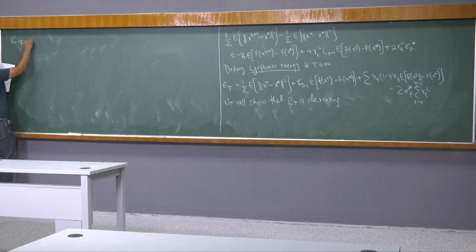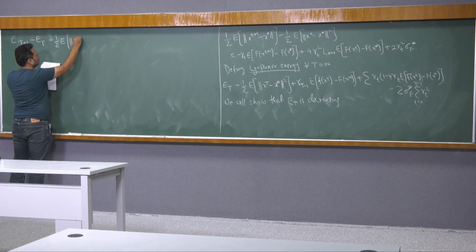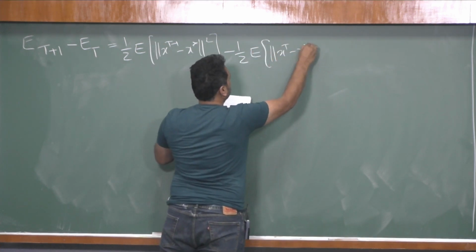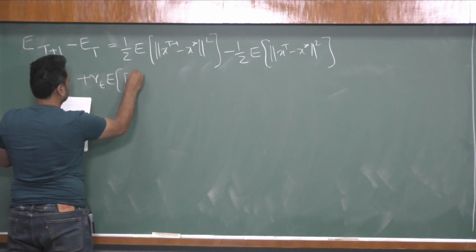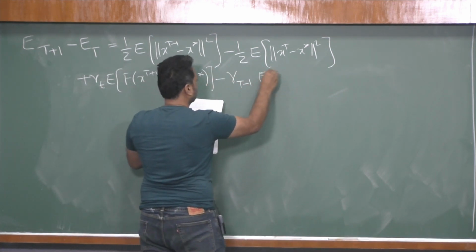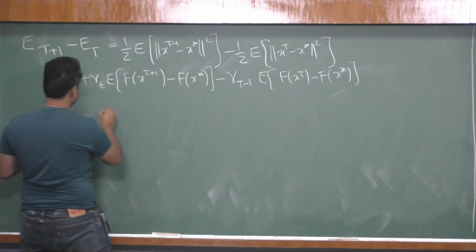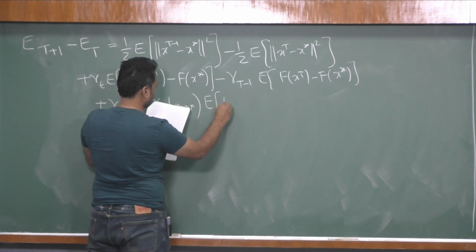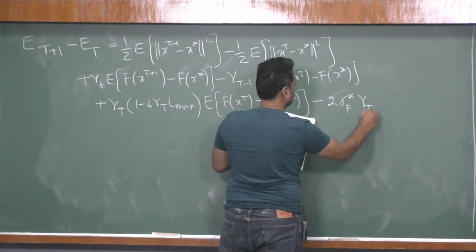E_{t+1} minus E_t, and this is half of expectation of the norm of x_{t+1} minus x* squared, minus half of expectation of ||x_t - x*||^2, plus gamma_t expectation of F(x_{t+1}) minus F(x*), minus gamma_{t-1} expectation of F(x_t) minus F(x*), plus gamma_t (1 minus 4 gamma_t L_max) expectation of F(x_t) minus F(x*), minus 2 sigma_f star gamma_t squared.